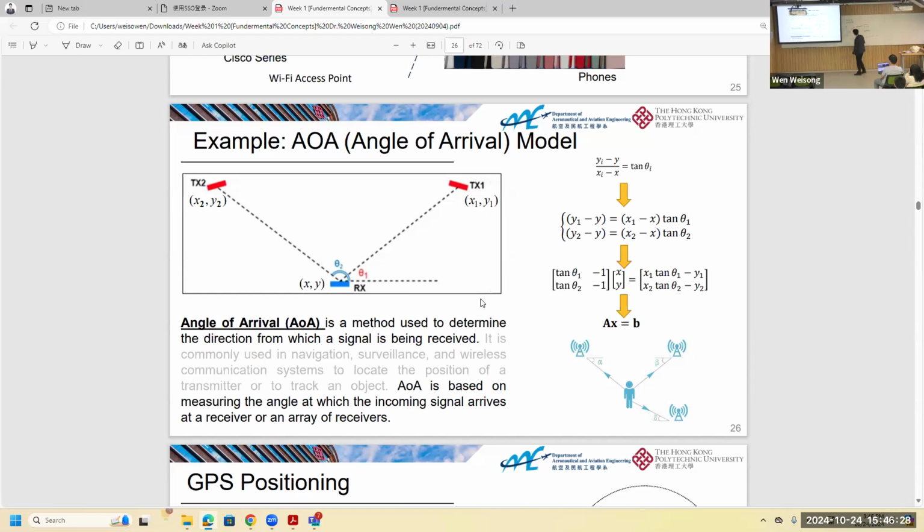Another solution is the perpendicular distance. So the distance is going to be calculated like this. This is the typical case.